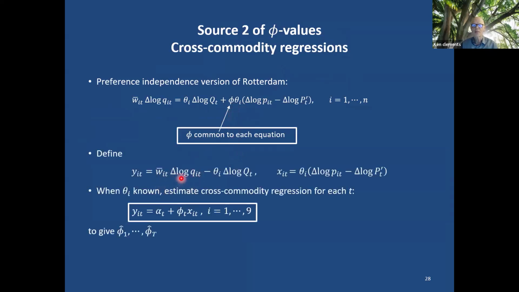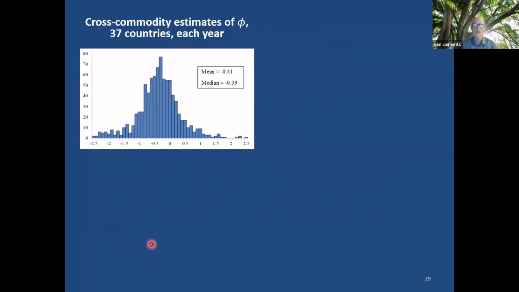Define the change in consumption, adjust it for change in income, and define the relative price of commodity i weighted by its marginal share, then we can do a regression of y_it on x_it, where the slope coefficient is going to be the income flexibility at time t. So we're going to get T estimates now of the income flexibility for each of those 37 countries.